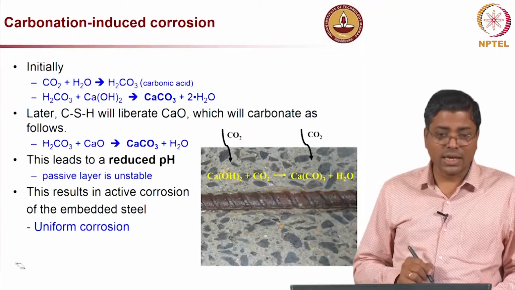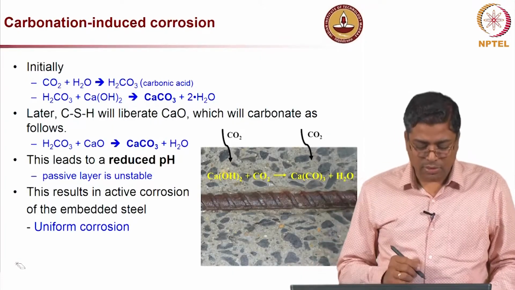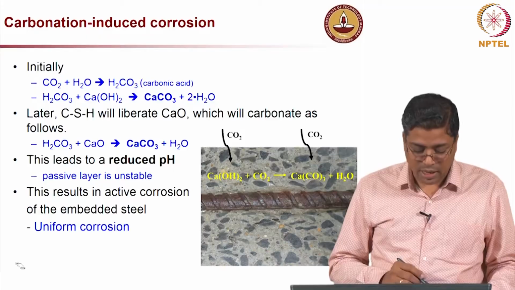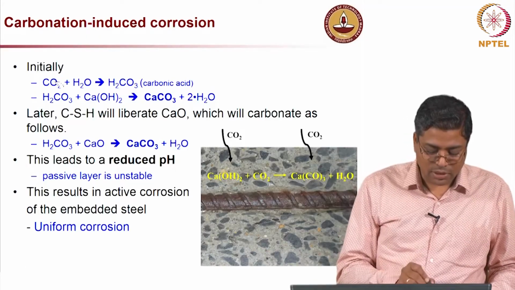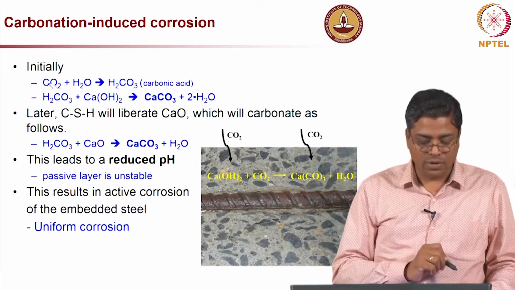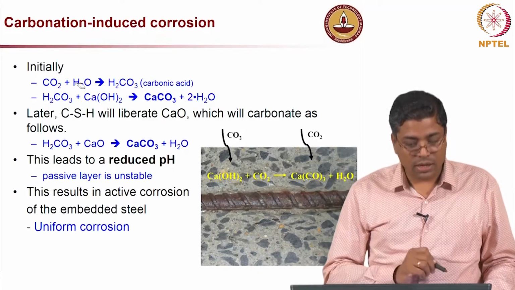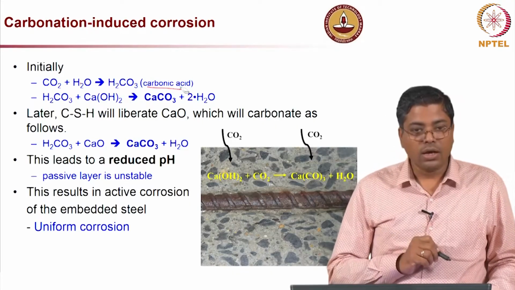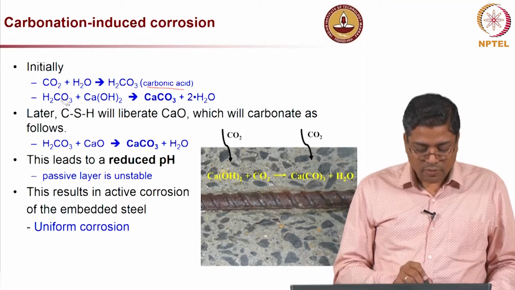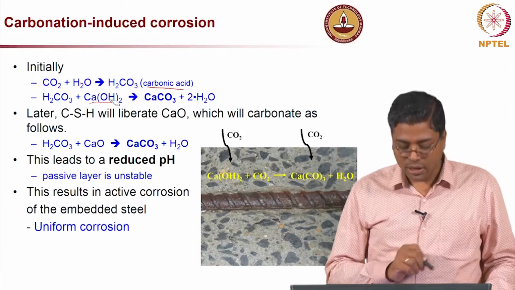This is a more detailed view of the intermediate reactions in this mechanism. What first happens is carbon dioxide will penetrate into the concrete, react with the moisture, and form carbonic acid, which then reacts with the calcium hydroxide.